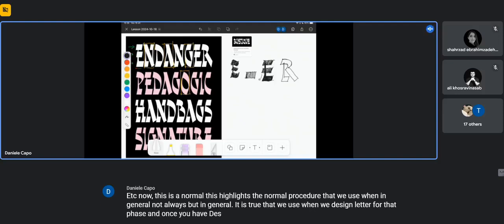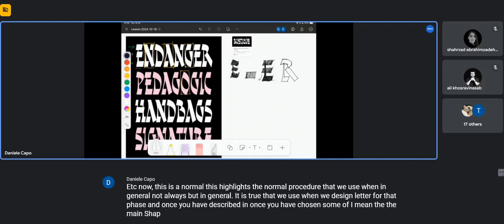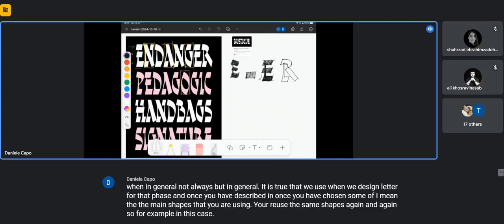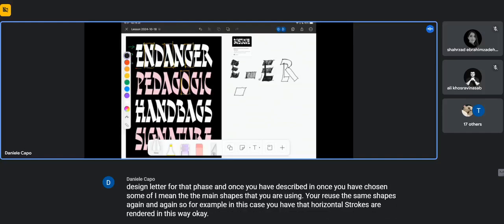Once you have chosen some of the main shapes that you are using, you reuse the same shapes again and again. So, for example, in this case, horizontal strokes are rendered in this way. The same shape can be repeated in different places.